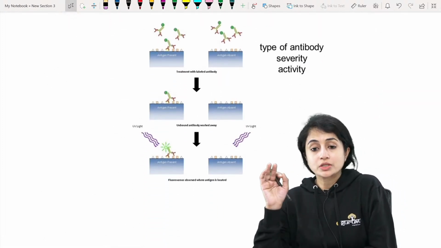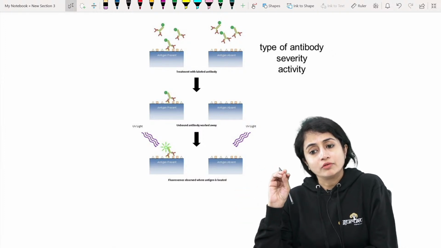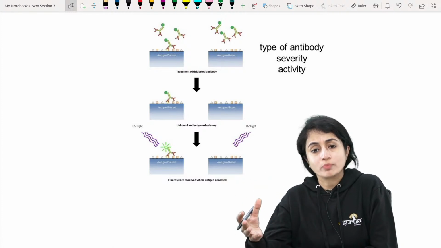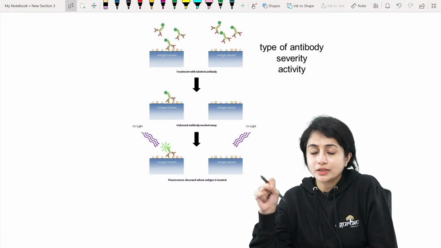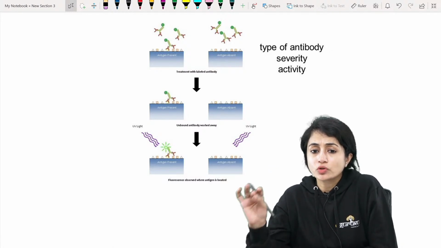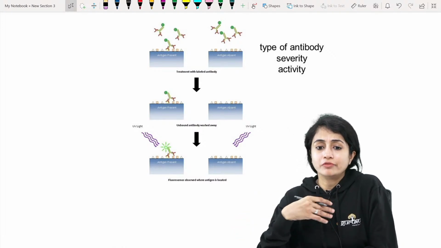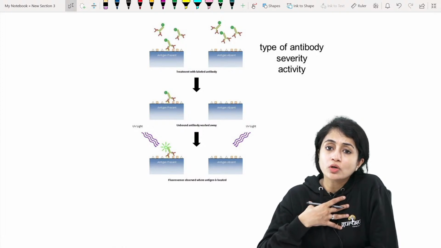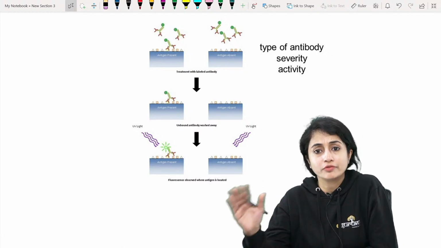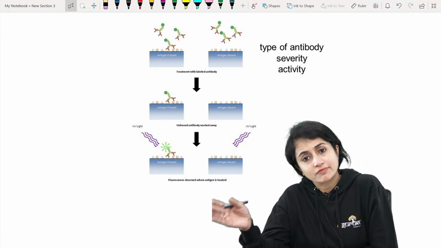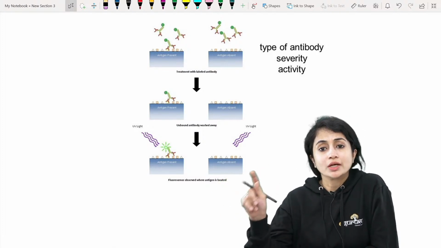We take a specimen, we take a biopsy, and we put fluorescent labeled antibodies. When the antigen antibody binds, these fluorescent antibodies go and bind to those antigen antibody complexes, and wherever I see fluorescence, I get to know that this is my area of split. Sometimes clinically we cannot differentiate whether it is pemphigus vulgaris, foliaceous or bullous pemphigoid. There are a lot of overlaps sometimes. So there DIF helps me.